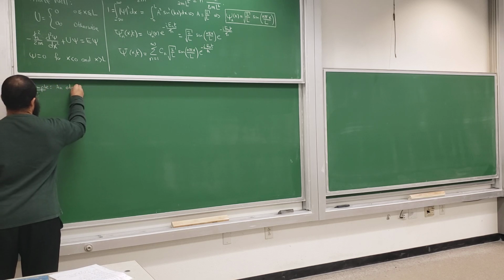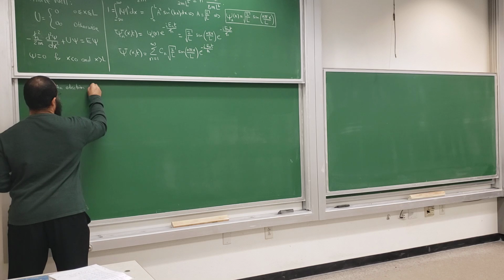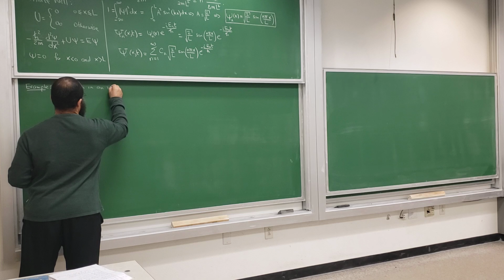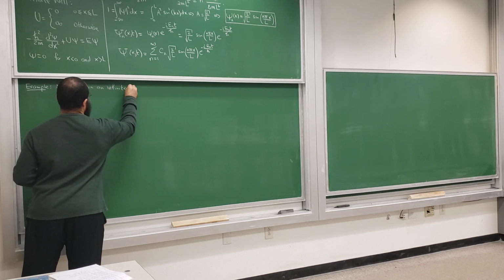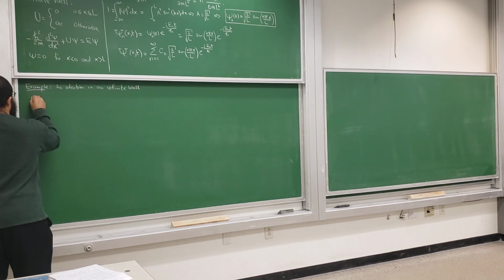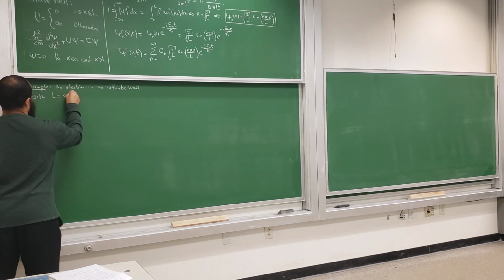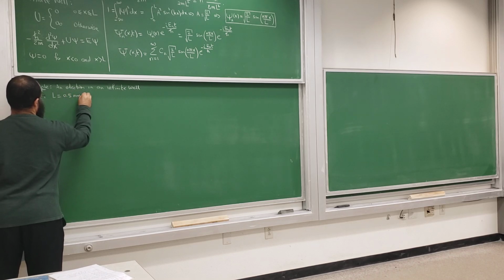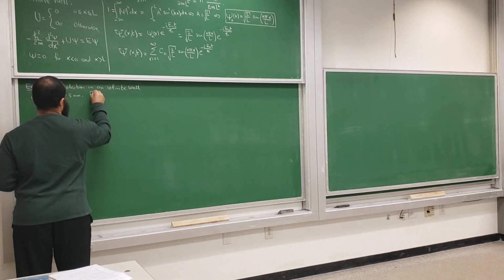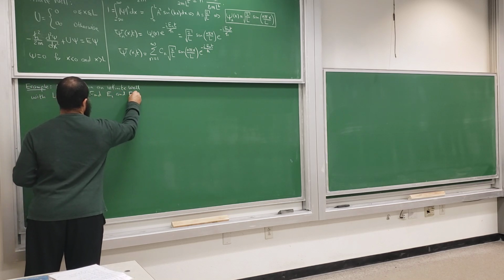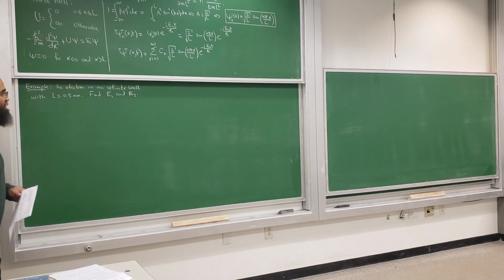An electron in an infinite well with L equal to 0.5 nanometers. Okay, find E1 and E2, the first two energy levels.